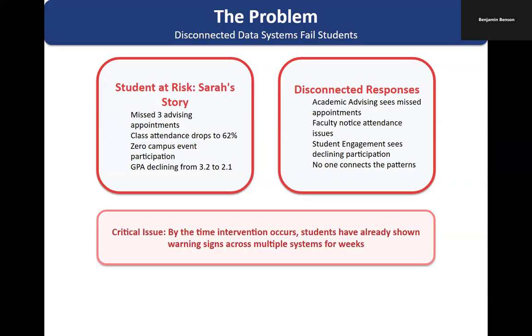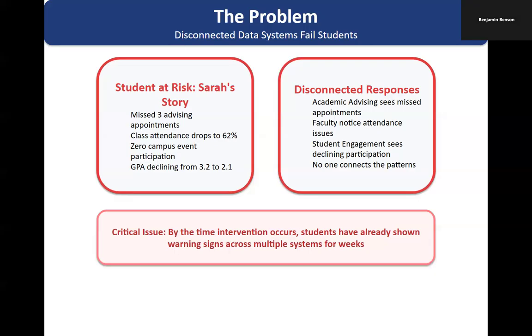Now, the issue with this is that we all know that GPA declining is bad, but I think a lot of research would back up that each of the previous things contribute to that. And the issue is that there is a disconnected response. Academic advising will see the missed appointments. The faculty may notice that class attendance has dropped, and student engagement may see declining participation in the aggregate, not necessarily at individual students.